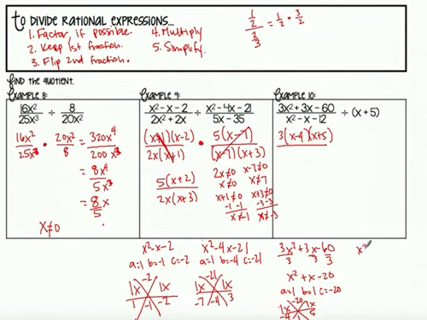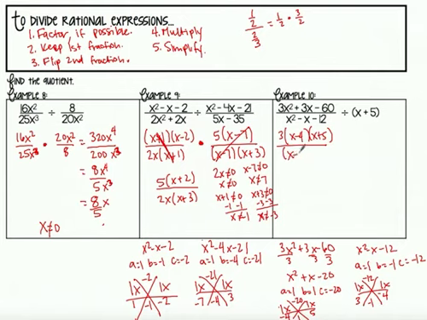I also need to do x squared minus x minus 12. So a is 1, b is negative 1, and c is negative 12. So to multiply to get negative 12, but to add to get negative 1, that would need to be 3 and 4, where 4 is negative.